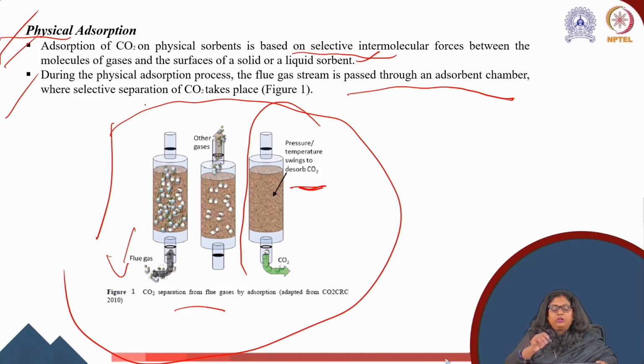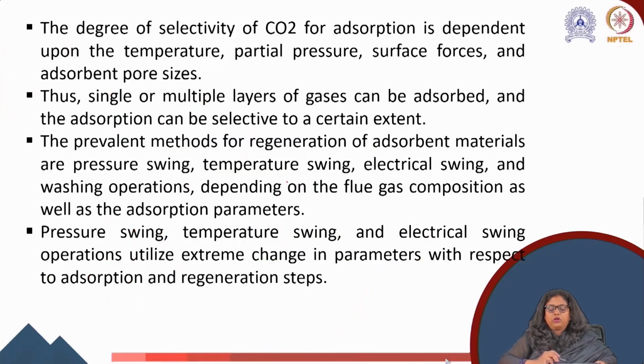In the adsorbent chamber, selective separation of CO2 takes place. When flue gas enters the tower, CO2 and other gases are present, but CO2 is selectively separated. In the desorption state, or regeneration, we use the temperature pressure swing to desorb the CO2.